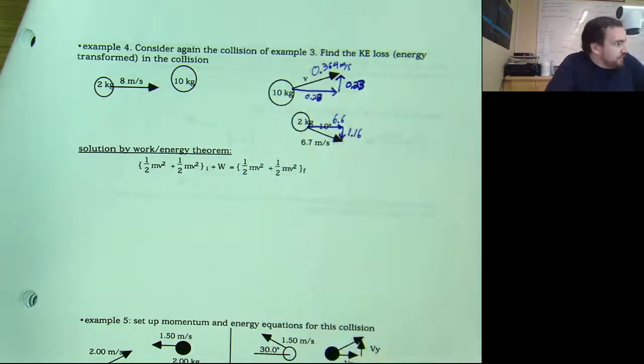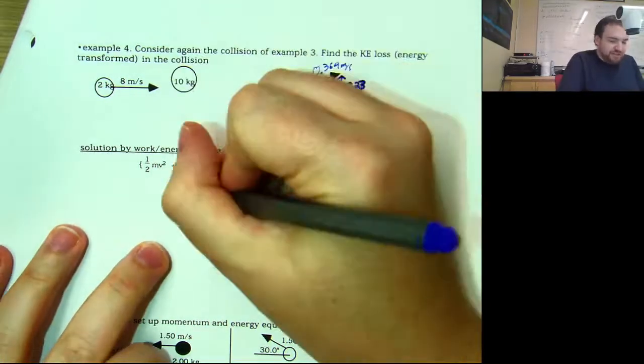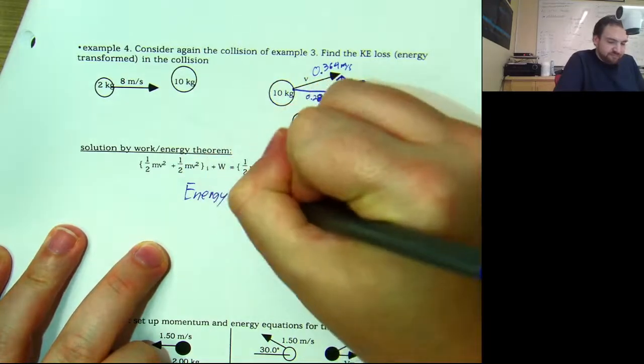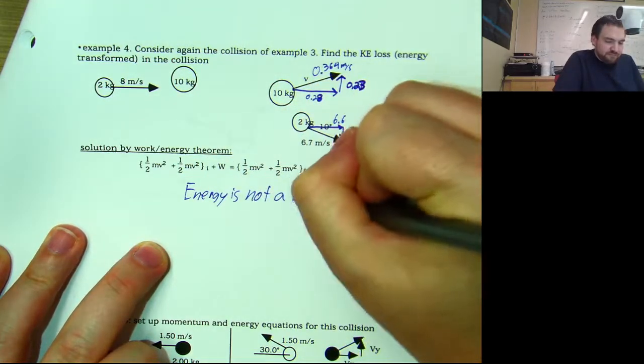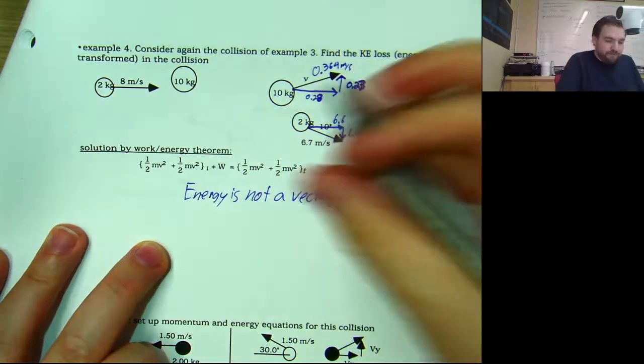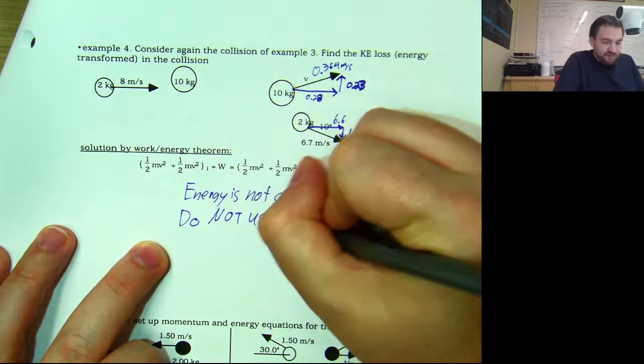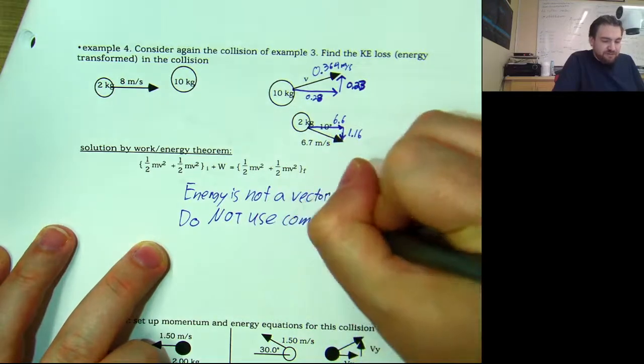Now, the difference between momentum and energy is this. Momentum is a vector, energy is not. Okay? So because energy is not a vector, we do not use components.